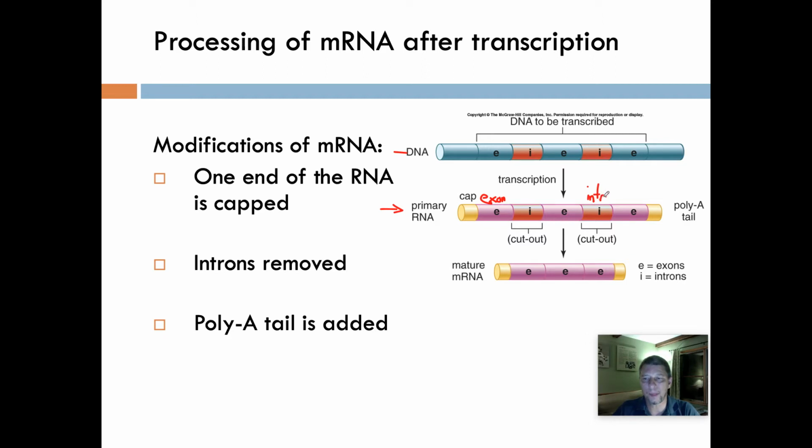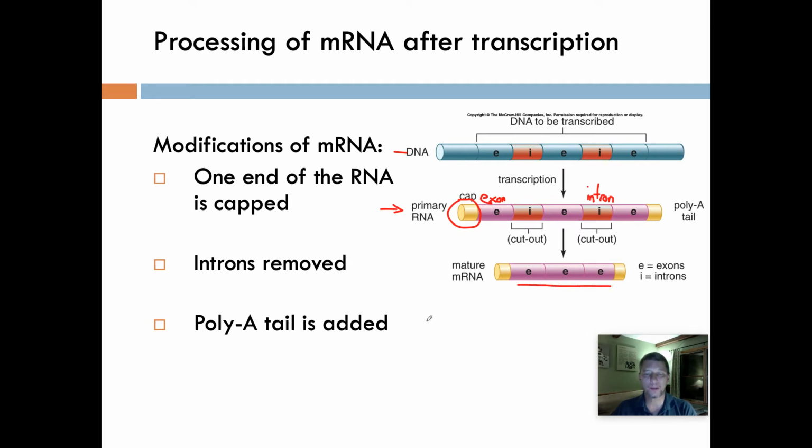Essentially, processing does three things to the newly made primary RNA molecule. The first thing it does is that one end of the RNA molecule is capped, and the cap is represented by this yellow thing that almost looks like a pencil eraser in this diagram. The second thing is that all of the introns are removed. They're cut out, they're excised. So finally, all that's left is exons, and you can see that here.